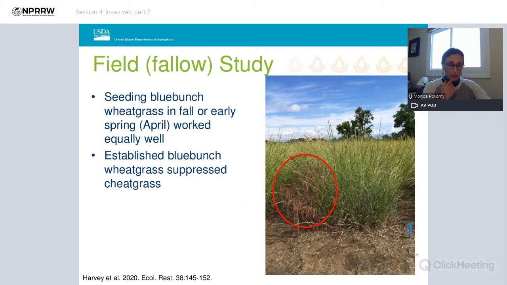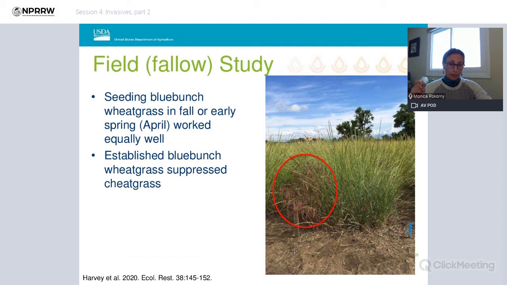And what we found was that the fall and the early spring, the earliest April seedings, worked well for establishing the perennial grass. It worked better than the late seedings in the spring.